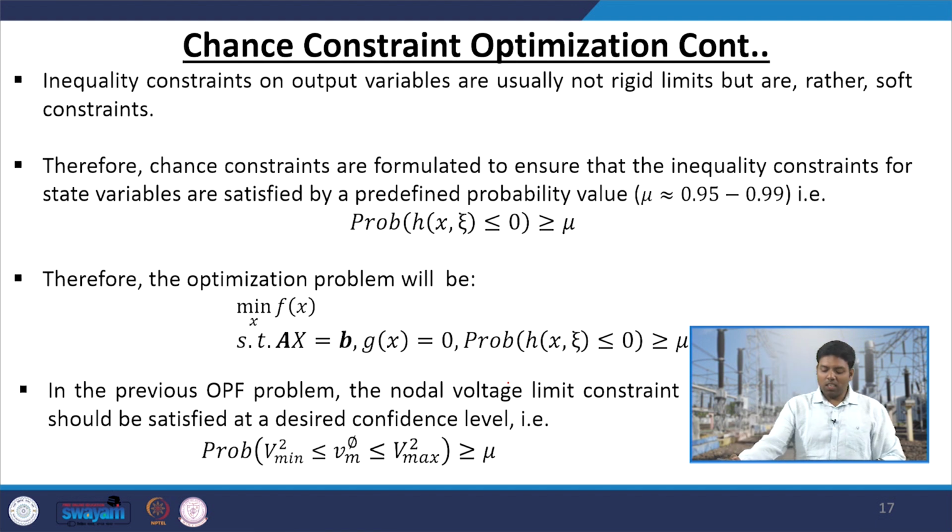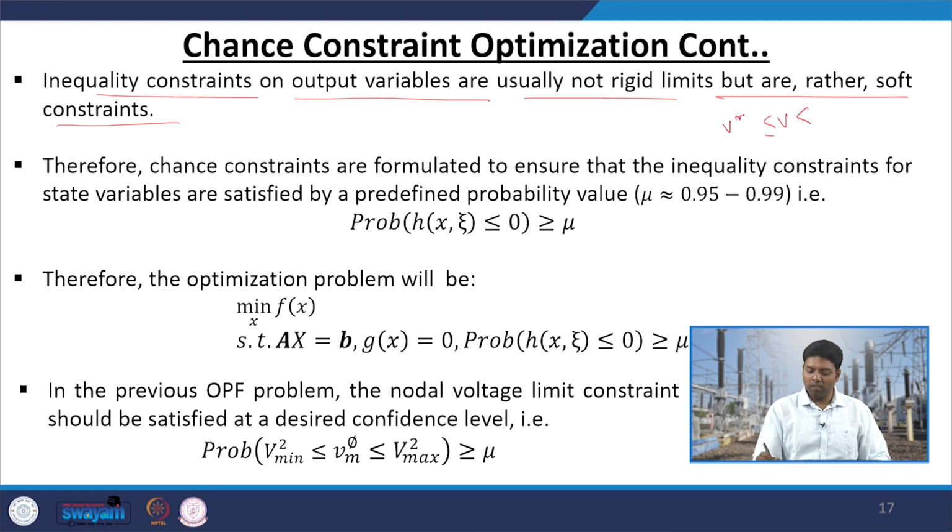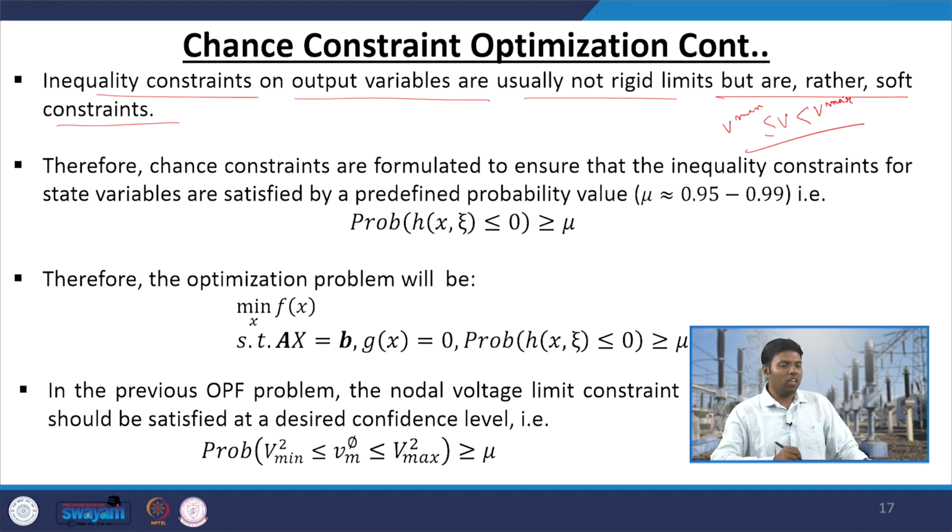So, this chance constraint optimization looks like this. The inequality constraints on output variables are usually not rigid limits, but are rather soft constraints. So, if you have, let us say, V min less than or equal to V less than or equal to V max. Whenever we write this kind of inequality constraint, these are not very strict or hard constraints.